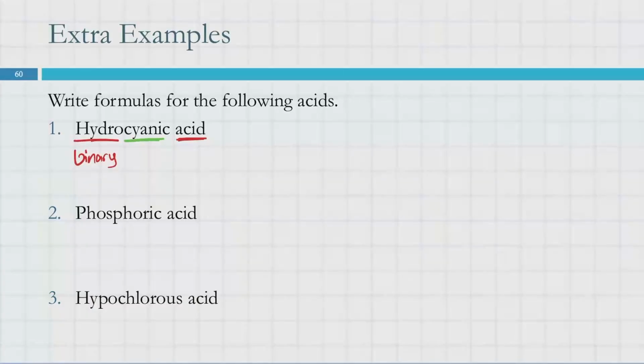And we've got this blue-colored base name, cyanic. This is from cyanide, which is CN minus. So that's our anion. Our formula is going to be HCN for hydrocyanic acid.